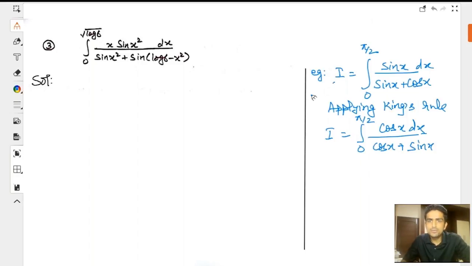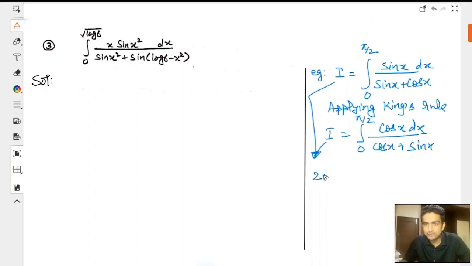Now clearly we know we will add, because addition normally helps when we apply King's rule. Always keep that in mind. Maximum students apply King's rule and then they get stuck. Whenever you apply King's rule, most of the time you have to do the addition part. Addition will help you.